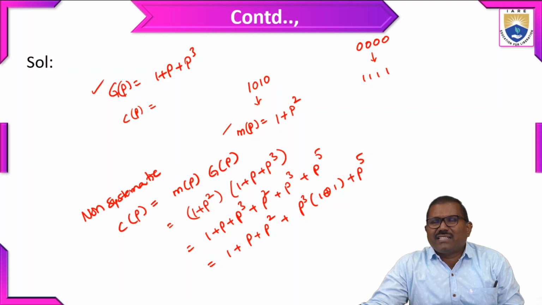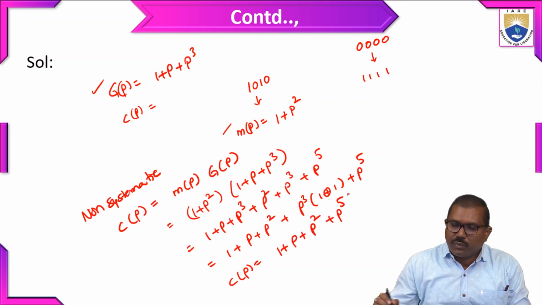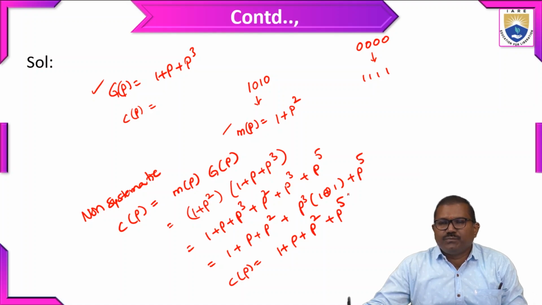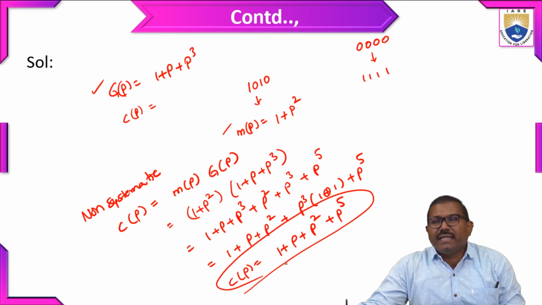So 1 XOR 1, what do you get? 0. So 0 into p cube, you get 0. So C of p is equal to 1 plus p square plus p to the power of 5. This is my code polynomial in non-systematic form.